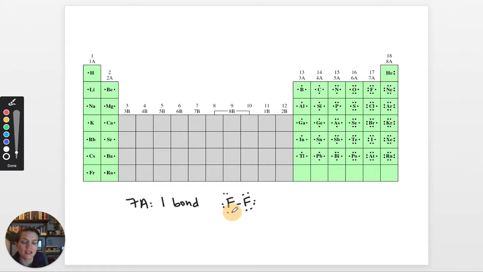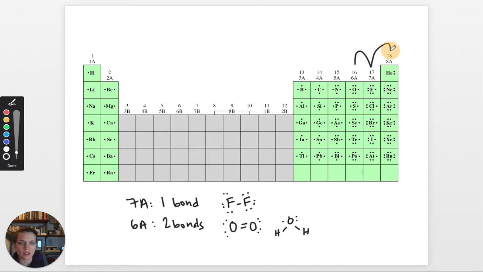Now group 6A, we just did an example there, is going to have a tendency to form 2 bonds. So our oxygen bound to itself in the diatomic, or water. Right, so it could be a double bond or it could be 2 single bonds, but also notice it is 2 steps away from a noble gas. And you still need to do all of the other steps for Lewis structures, but this is a really nice way to kind of look at what you've got and ask yourself if it makes any sense.